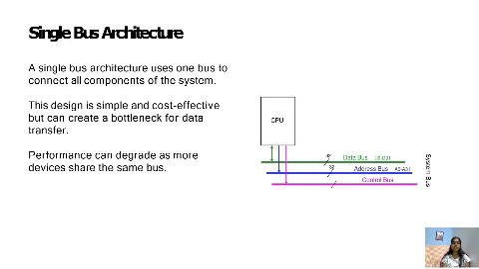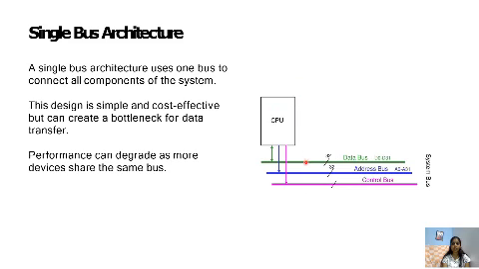The first one is single bus architecture. Single bus architecture uses one bus to connect all components of the system.